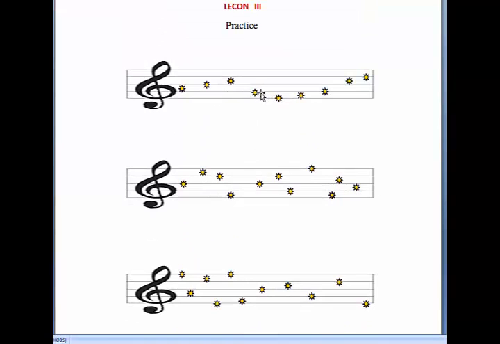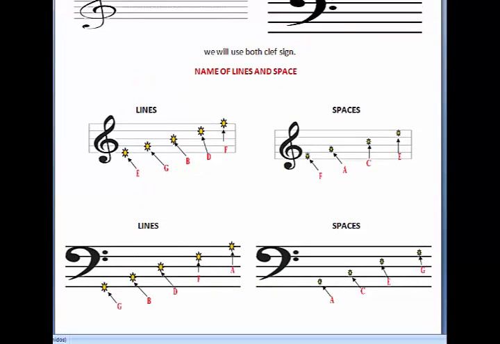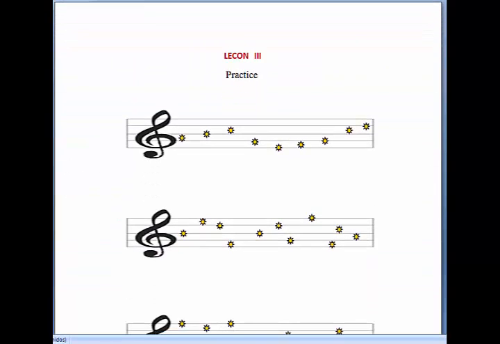You say the name of the second line. Let me see. Oh, I don't remember. What is it exactly? Oh, okay, I know it's G. You go back to your paper, write it down. You see the name of the second line is G. Now you know your lesson, okay? You continue. This is the way to practice. Until you know it, you can't pass over.